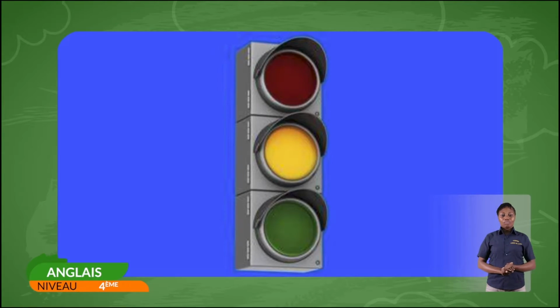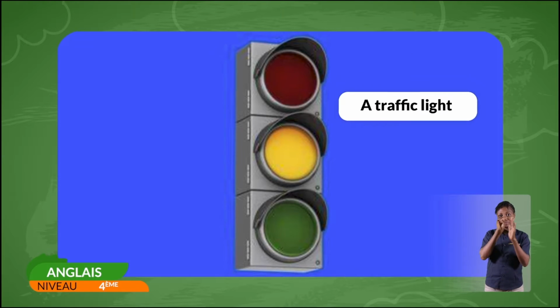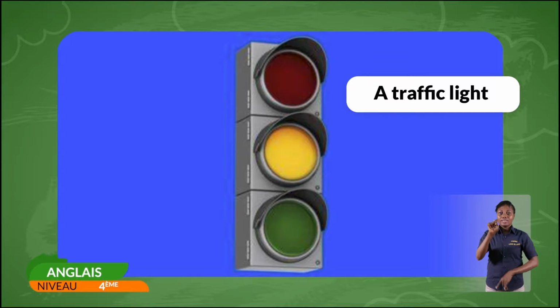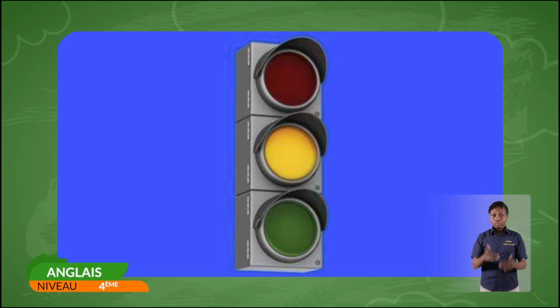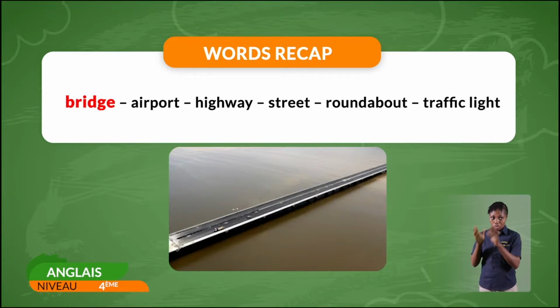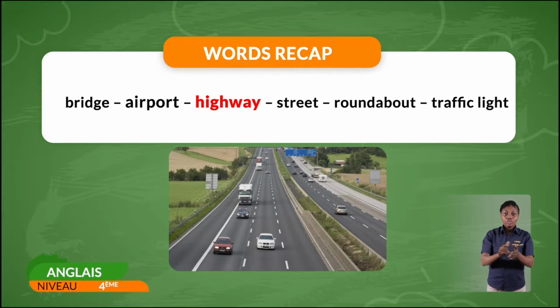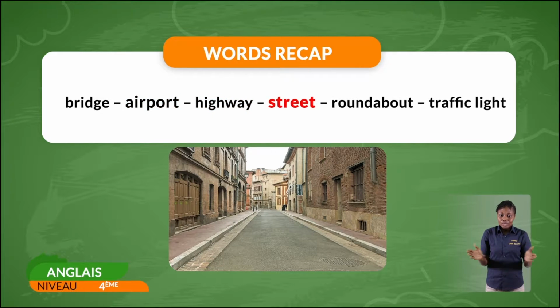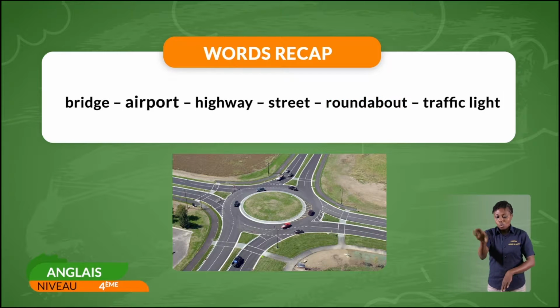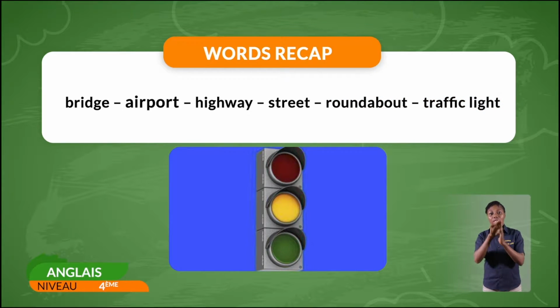Very good. So, for the last picture, you can see a device for controlling the traffic. It is called a traffic light. In the traffic light you have 3 colors: red, orange, and green. So, now let's recap the words. Bridge, airport, highway, street, roundabout, and traffic lights.